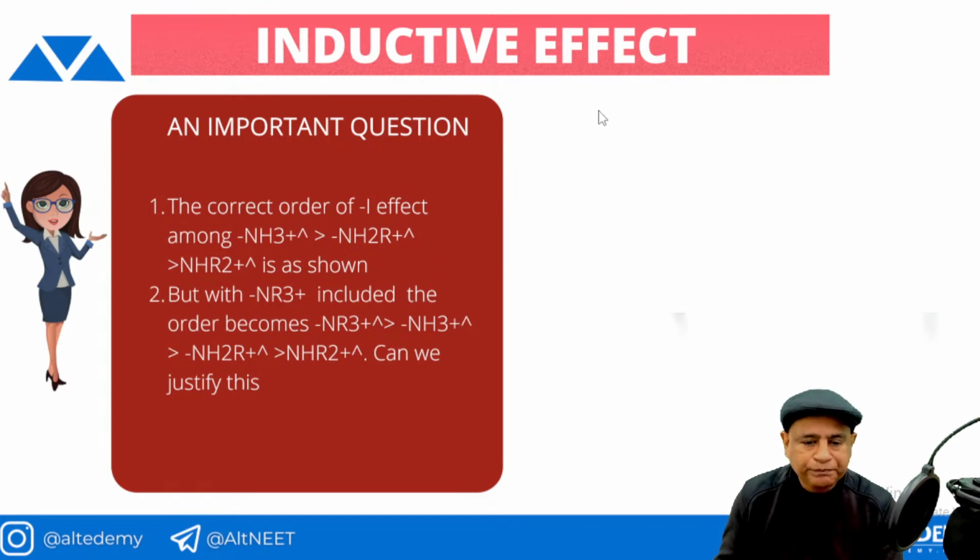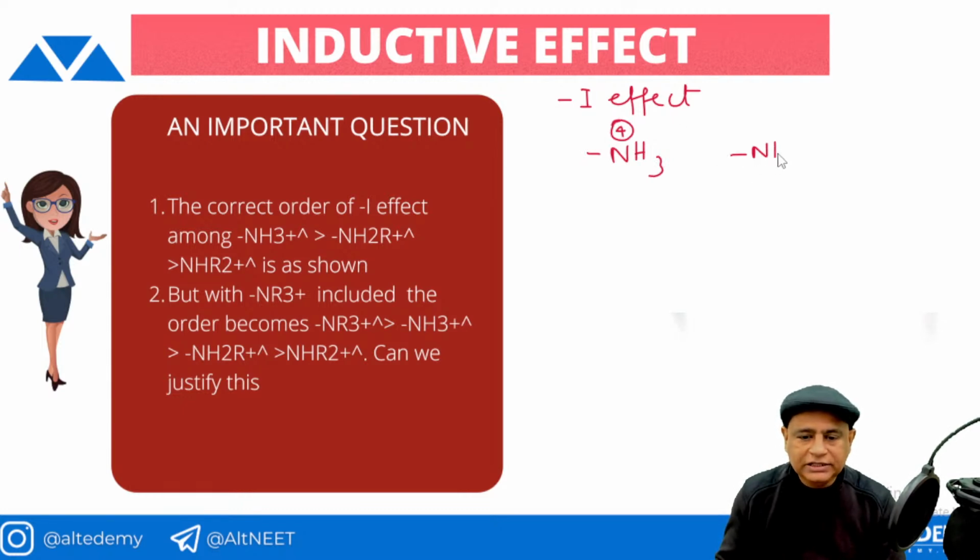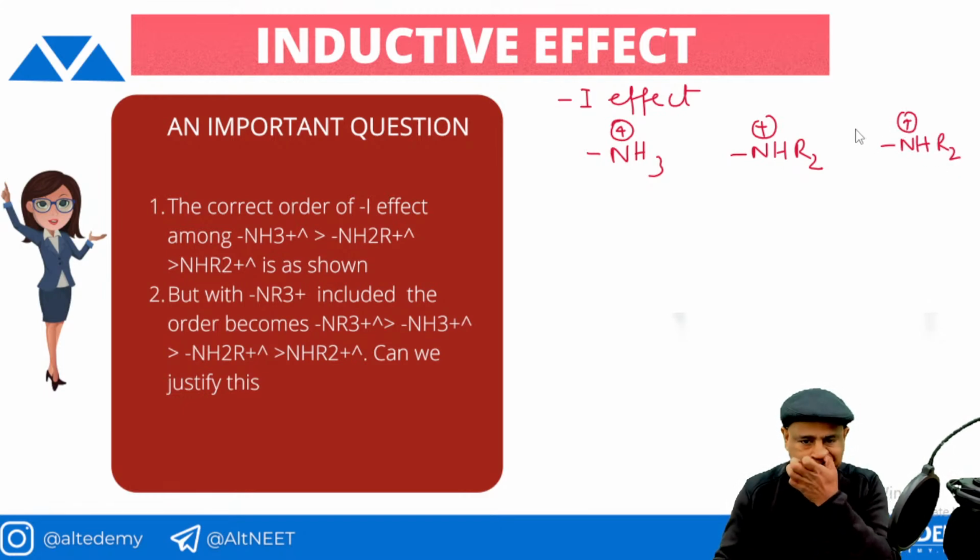Look here. If we are talking about the negative inductive effect, we are taking three compounds: NH3 plus, NH2R plus, and NHR2 plus. All three species are cationic, having charges on them.